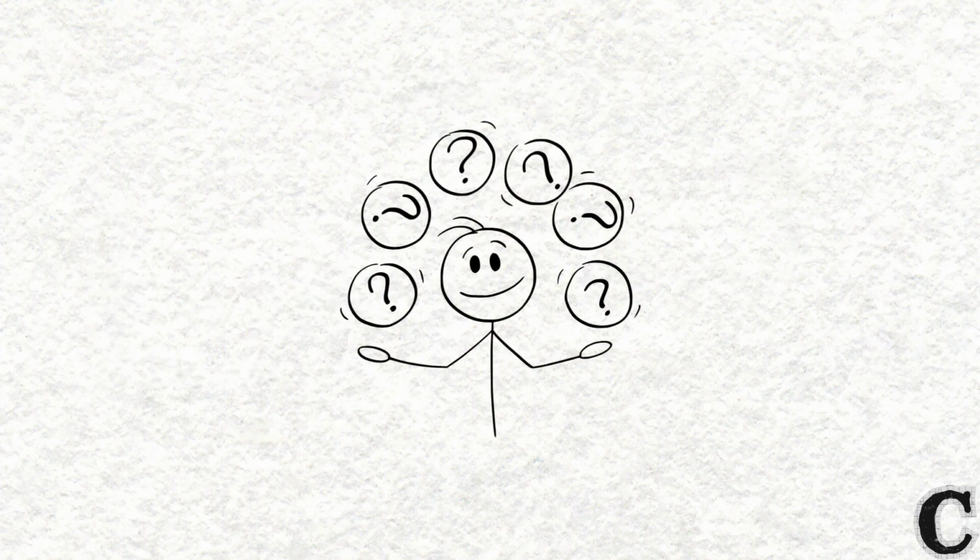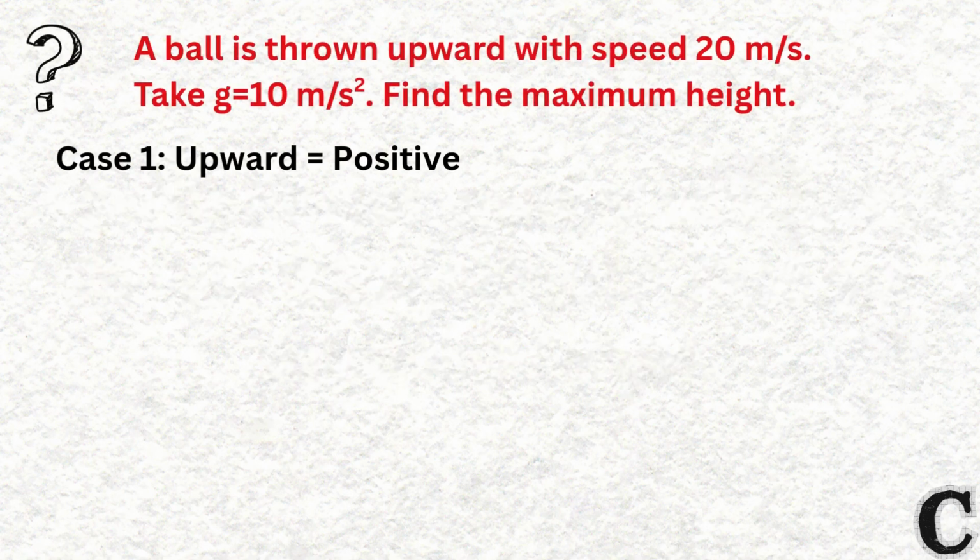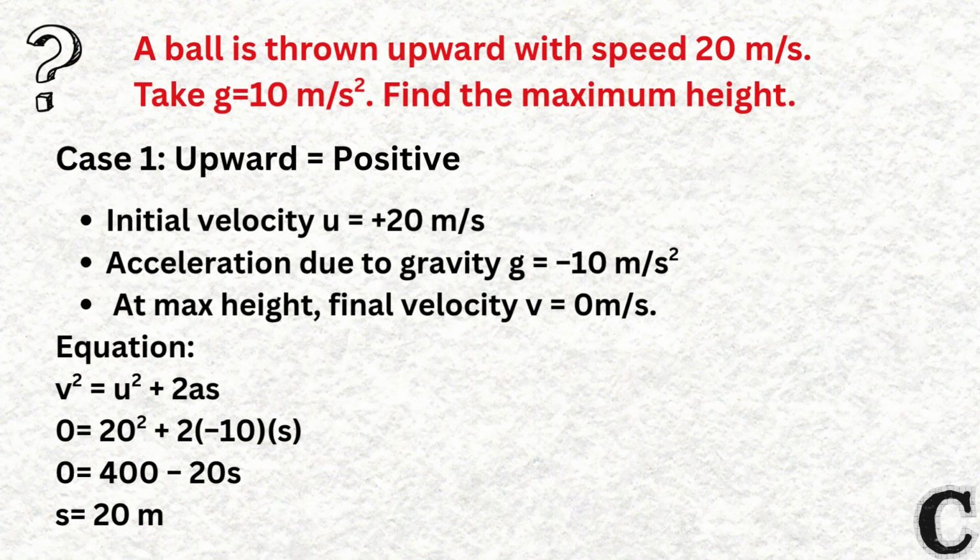Let's test this with numbers. A ball is thrown upward with speed 20 meters per second. Take g equals 10 meters per second squared. Find the maximum height. First, let's take upward direction as positive. Initial velocity, u, is plus 20 meters per second. Acceleration due to gravity, g, equals minus 10 meters per second squared. At max height, final velocity, v, equals 0 meters per second.